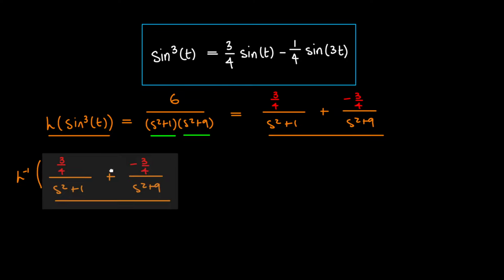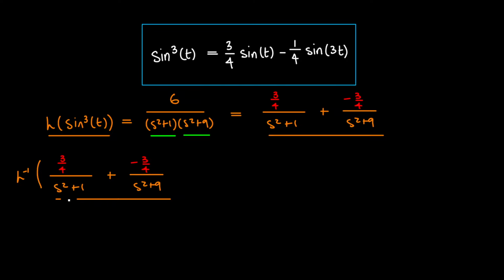So here, the inverse Laplace transform of this partial fraction is just going to be equal to the inverse Laplace transform of the Laplace transform of sine cubed. And so we know what this should be equal to. In the end, this should be equal to sine cubed. But we can calculate it a bit differently, right?